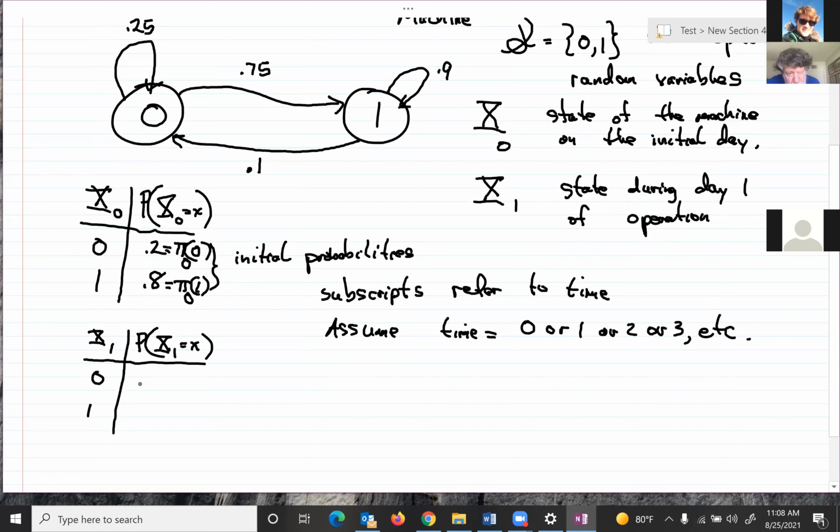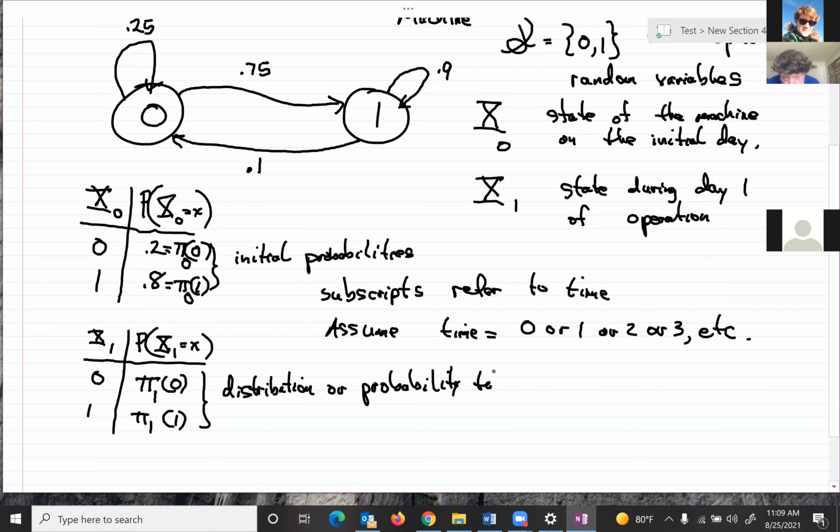This one would be called pi 1 of 0. And this one would be pi 1 of 1. So this would be what we could call the distribution, if you want, or probability table, for day 1.